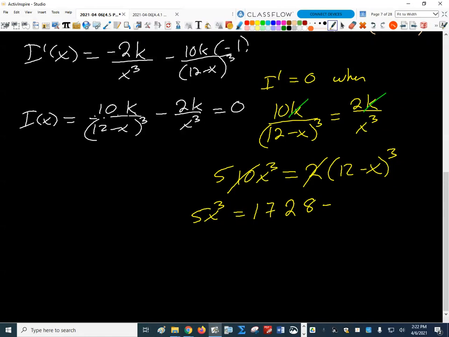Oh, how did I get 10? Oh, that was way off, huh? 1728. Oh, I know what I did. Minus, I should get 432x plus 36x squared minus x cubed.